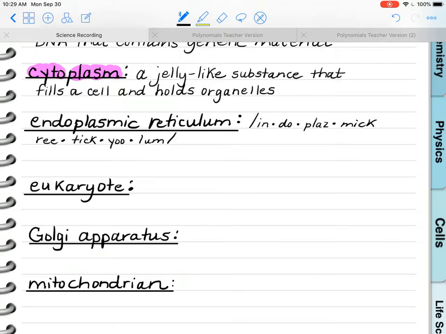Endoplasmic reticulum. It's a big word. And most textbooks will just refer to it as the ER. So let's see what the ER does.